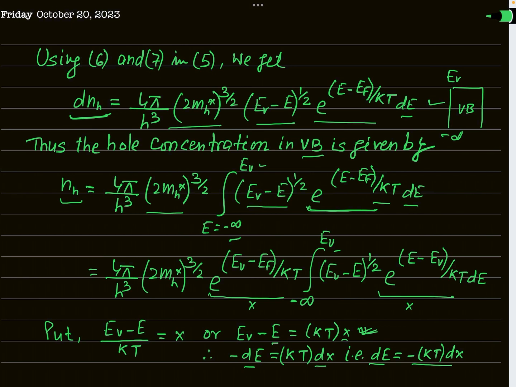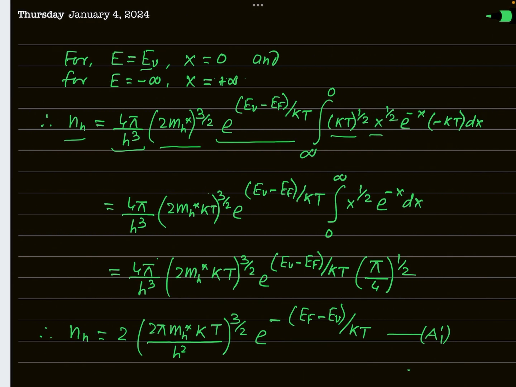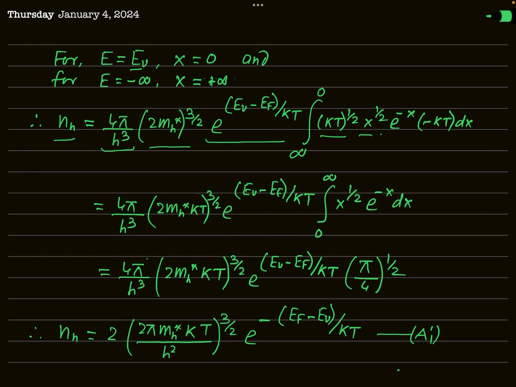And here there is e to the power (E minus EV) by kT, but (EV minus E) by kT is x, so (E minus EV) by kT will be minus x, so this is e to the power minus x, and in place of dE we will write minus kT times dx.